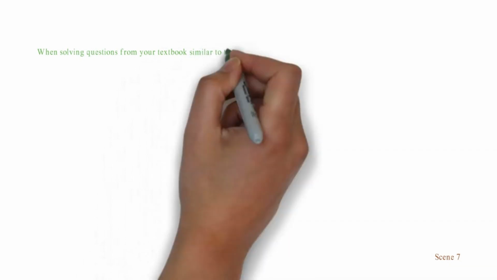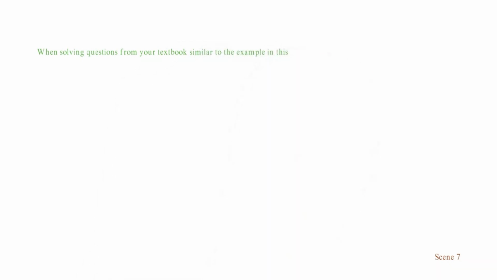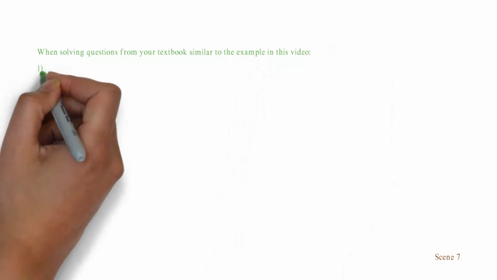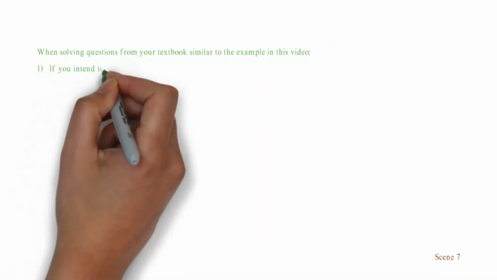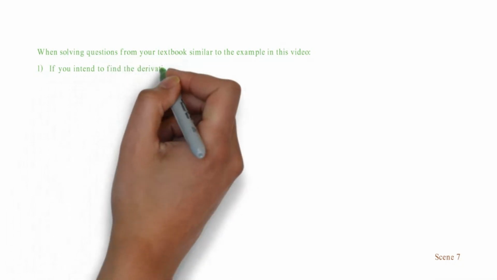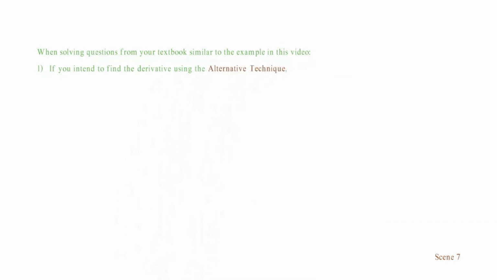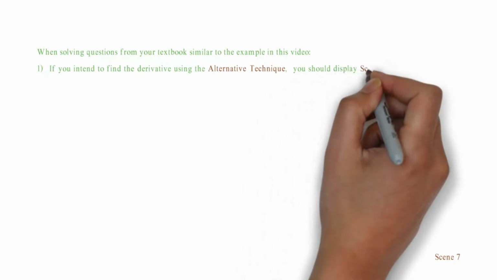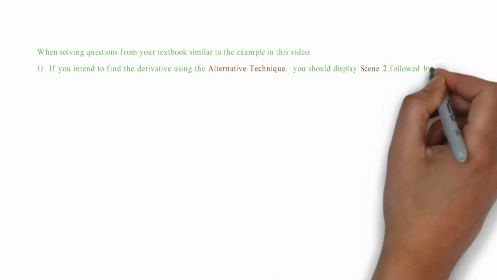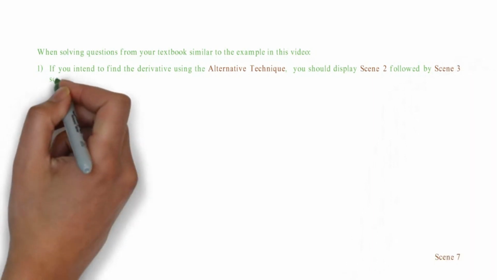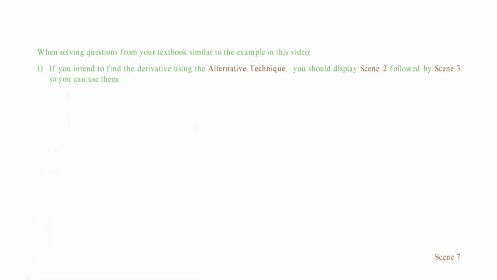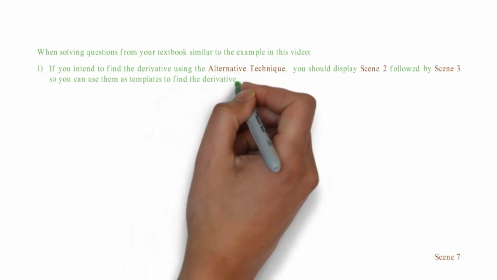When solving questions from your textbook similar to the example in this video, 1. If you intend to find the derivative using the alternative technique, you should display scene 2 followed by scene 3 so you can use them as templates to find the derivative.